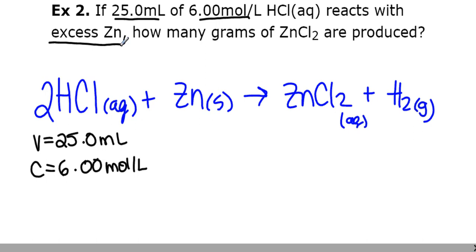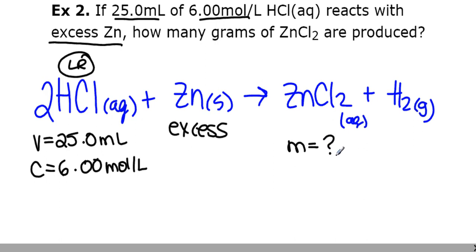They come back here. But the nice thing about this question is they're telling you you have excess zinc. There's extra of it, so they're telling you this is your excess reactant. So the hydrochloric acid automatically becomes your limiting reactant, and that's what you're going to use to help you solve the problem. And here we want to know how much zinc chloride is produced. If we're able to collect it and take the mass of it, what would it be?